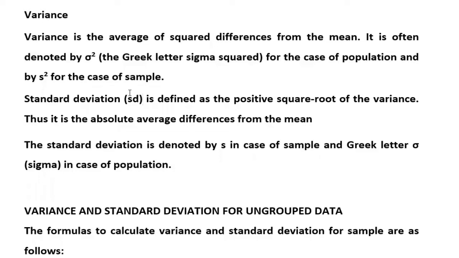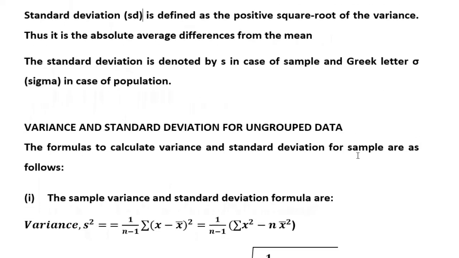When you do the practical example, it will be more clear. As variance is denoted by sigma square for the population and S square for the sample, standard deviation is automatically denoted by small s or capital S, or the Greek letter sigma for the case of population.